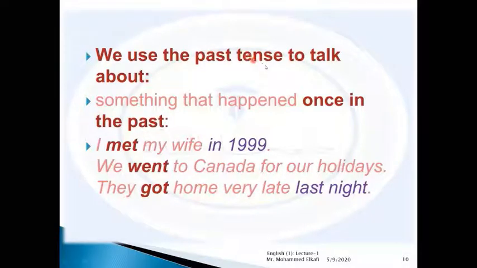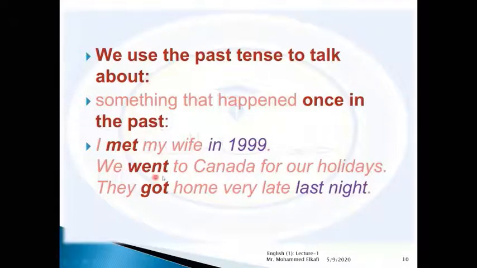We use the past tense to talk about something that happened once in the past, as when we say, I met my wife in 1999. That means you met her just one time, once, in this year.